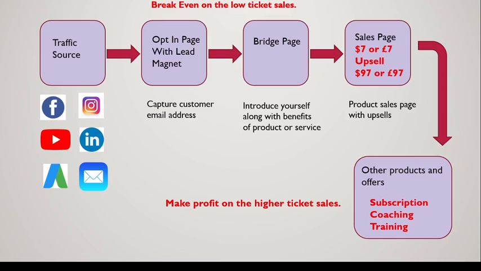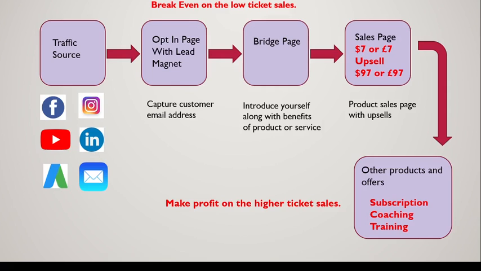People buy off the sales page. Obviously, we can have an upsell of $97 perhaps, an extra course, or a Facebook group, or a mastermind. More value, higher price. So they've got up the value ladder. Then we can market and increase the product range, offering products such as subscription, coaching, or training.